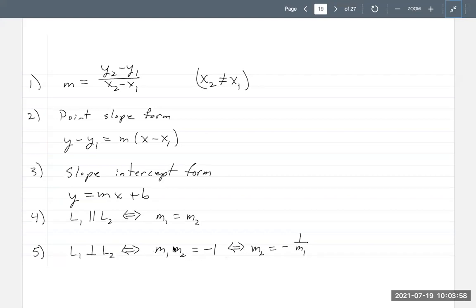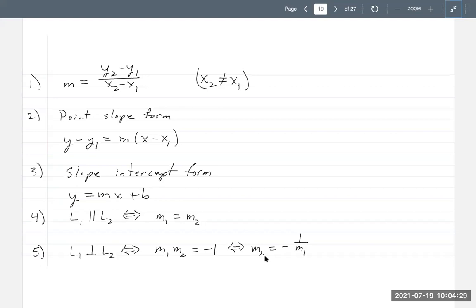If and only if, well, let's divide both sides of this equation by m1. So the slope of one line, m2, is equal to the negative reciprocal slope of the other line, -1 over m1. So two lines are perpendicular if and only if the slope of one is equal to the negative reciprocal of the other slope.